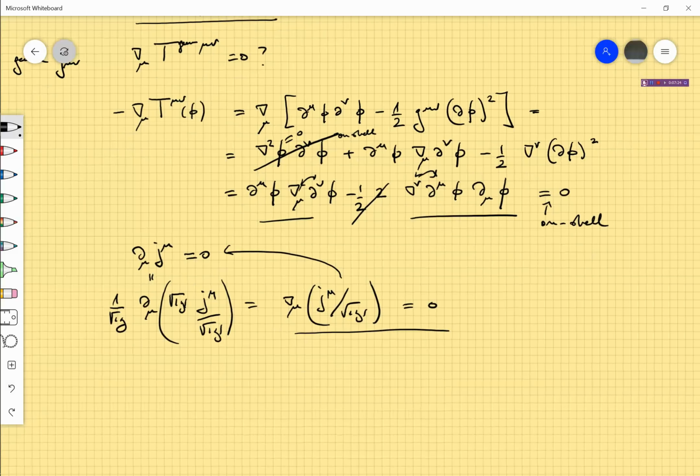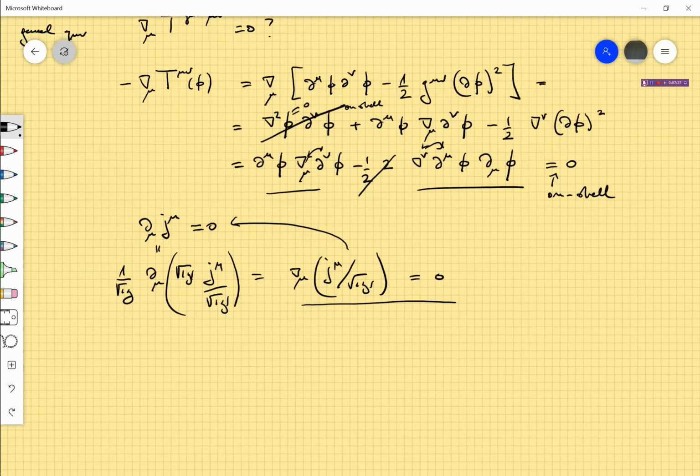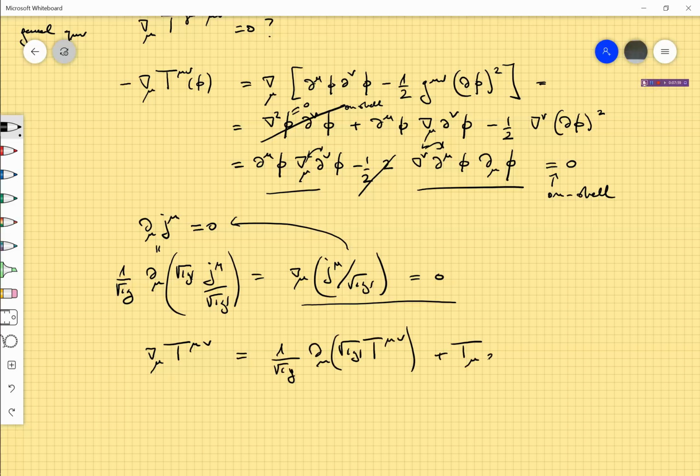However, T mu nu has two indices. And if I try to write the divergence of T mu nu in this way, I find that, with respect to the first index, I indeed can rewrite this in this form. So the first term with a connection can be combined with the partial derivative in this way. But there is another term, and this term has this form.